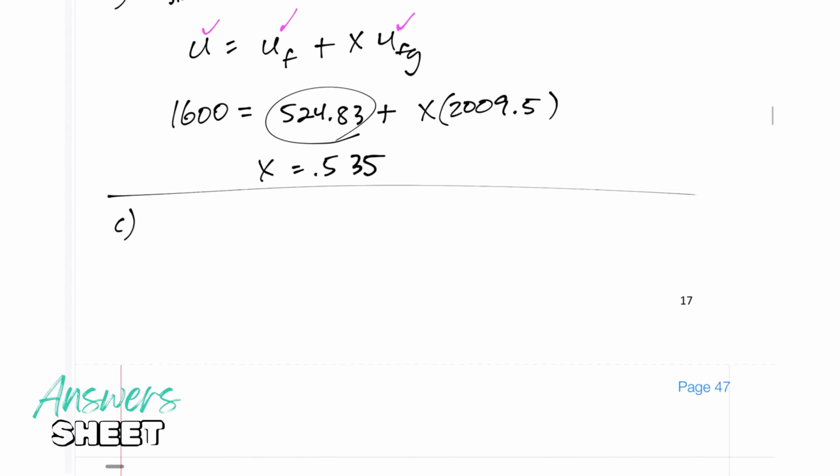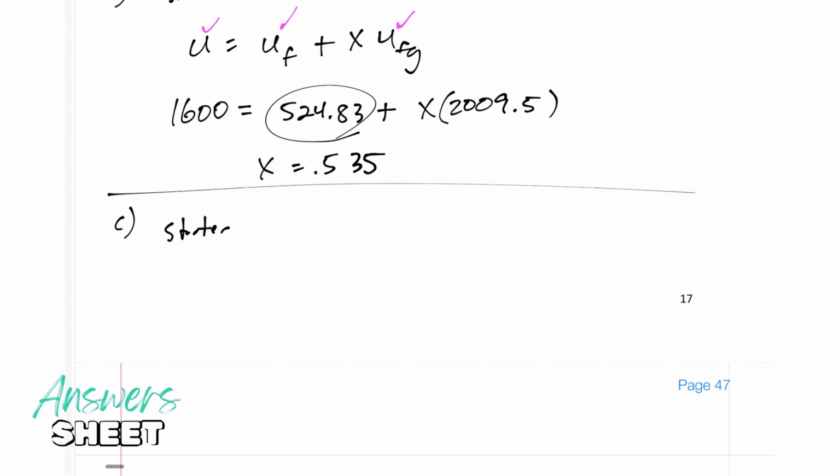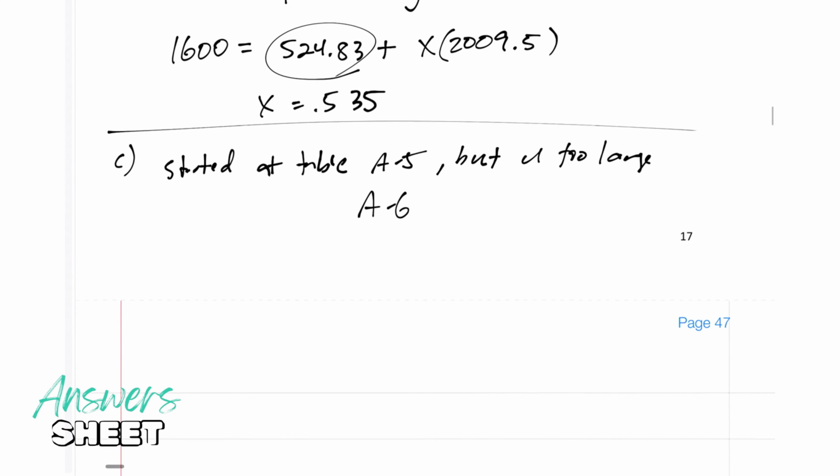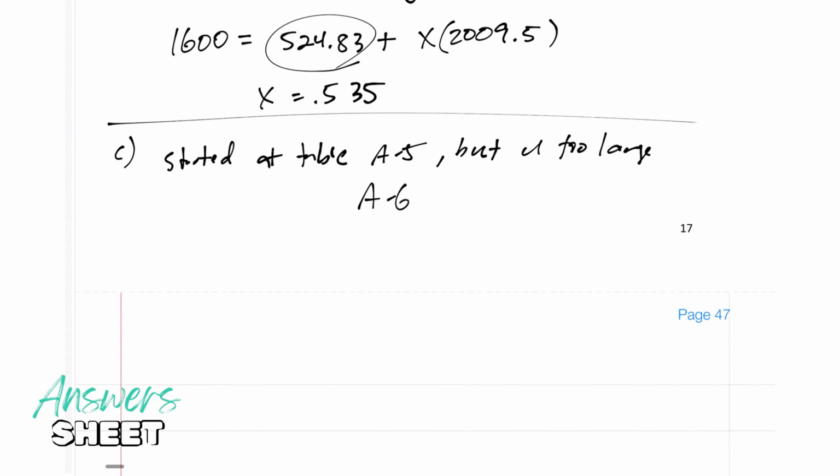Let's interpolate. So I started at table A5, but the U was too large, right? Too high. So I knew it is superheated. So I'm going to table A6, and I need to interpolate between 350 and 400, and between 2875.7 and 2957.